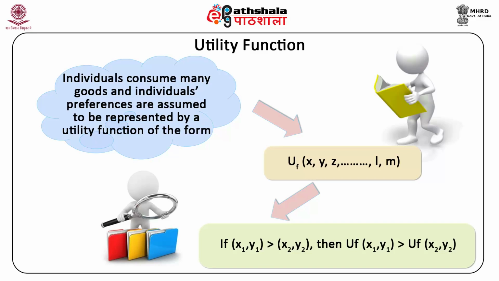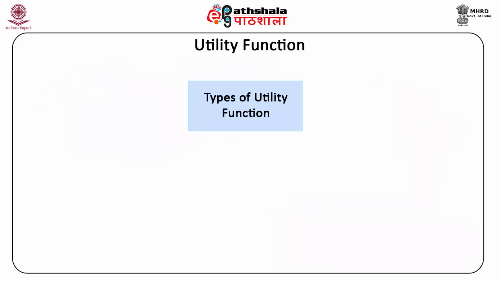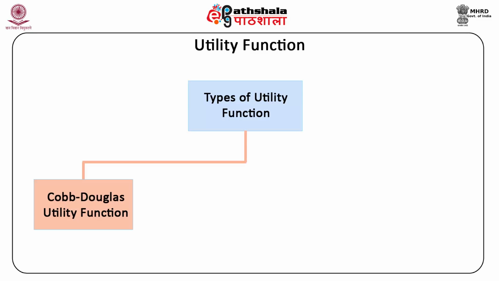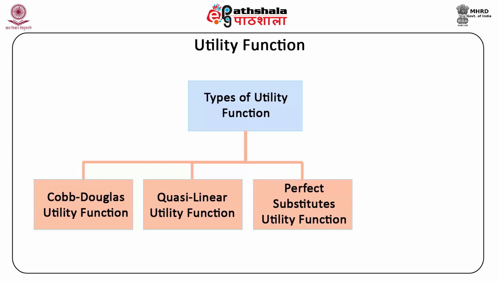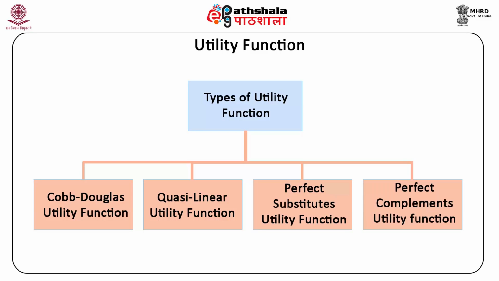That is, if x1, y1 is greater than x2, y2, then UF x1, y1 is greater than UF x2, y2. There are different types of utility functions. We discussed some of the important and commonly used utility functions, which are Cobb-Douglas utility function, quasi-linear utility function, perfect substitutes utility function, and perfect complements utility function.